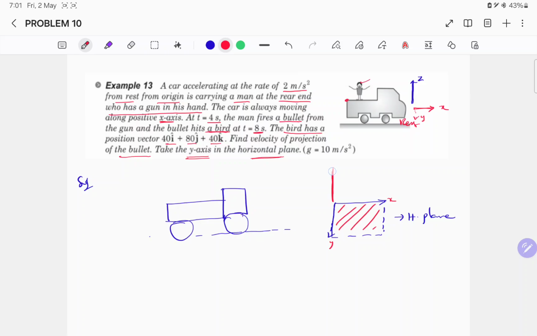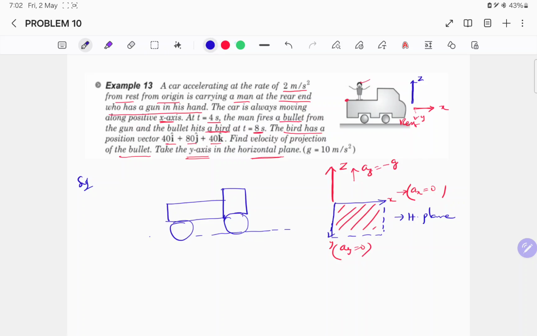Perpendicular to the plane of the ground or against the gravity, this is the z-axis, right? Acceleration along the x-axis will be 0 because it is unaffected by gravity, as well as ay is 0, both are in one plane. Against the gravity, the z-axis is oriented, so in this direction az will be minus g.